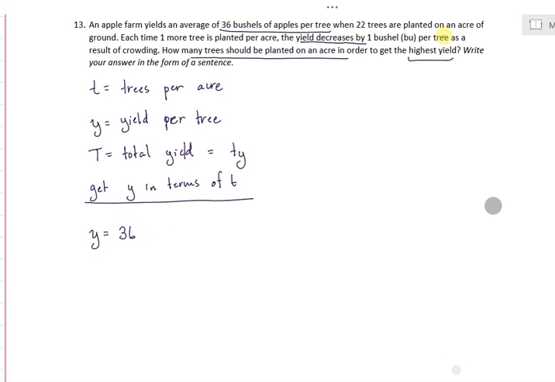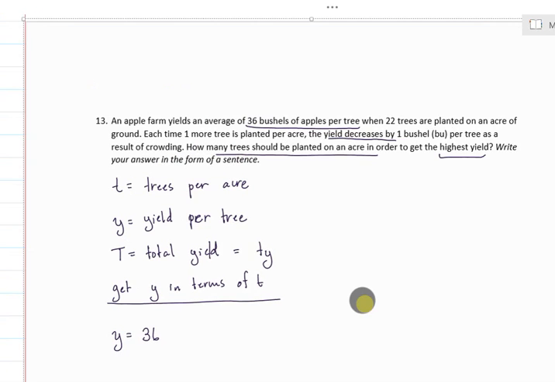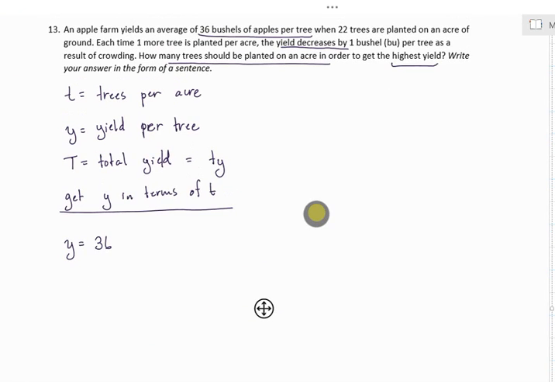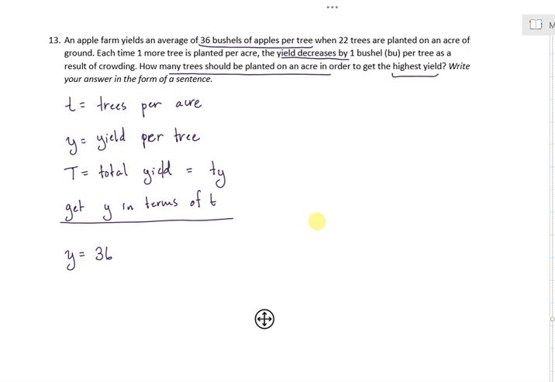That's when 22 are planted. And for each one above 22, I get one less. So I'm going to subtract the number I did minus 22. So now when I go over 22 by 1, I'm subtracting 1. If I go over 22 by 2, I'm subtracting 2. So that's perfect.